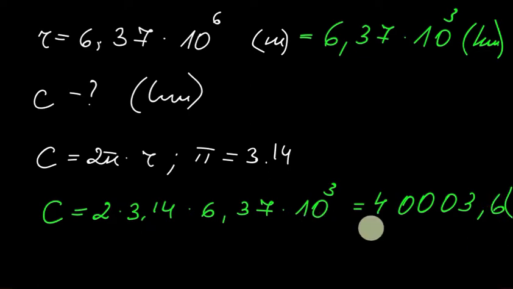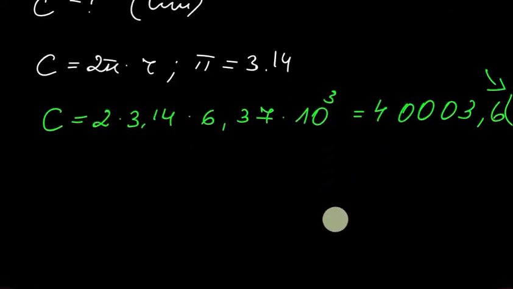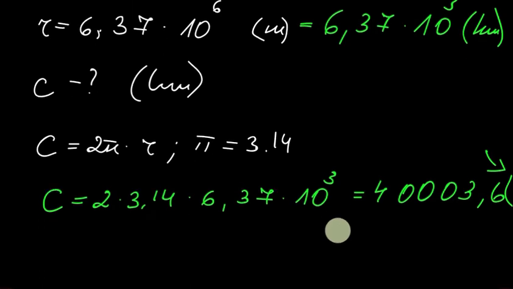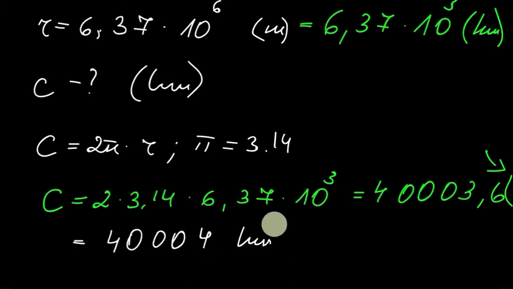Okay, this is kilometers. You probably don't see it, but I wrote it here. Okay, so now we need to round our answer, and we get that our final answer would be 40,004 kilometers.